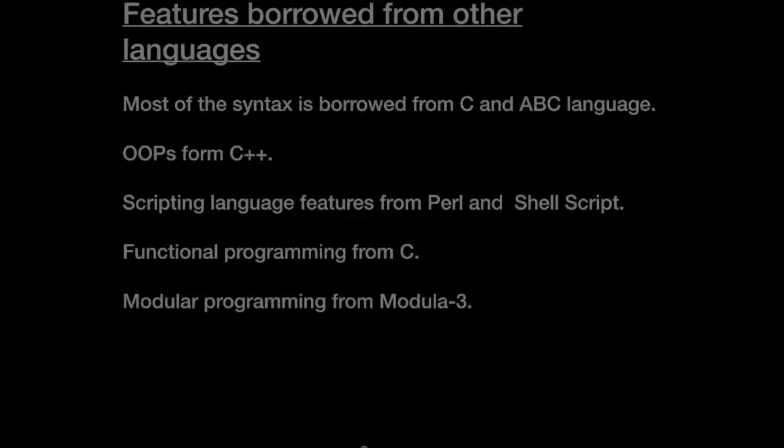But actually, Python was first commercially launched in 1991 and Java came into the picture in 1995. Scripting language features from Perl and shell script. Functional programming from C language. And modular programming from Modula-3.